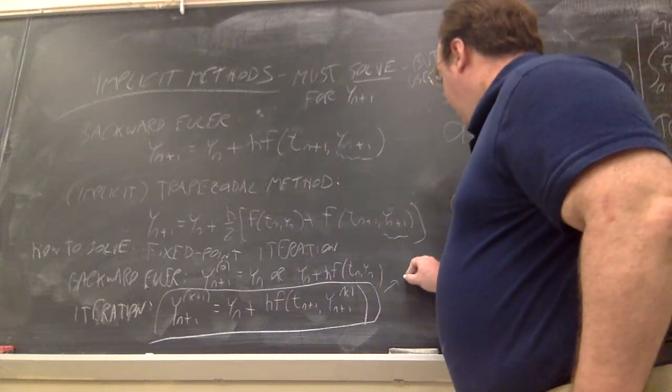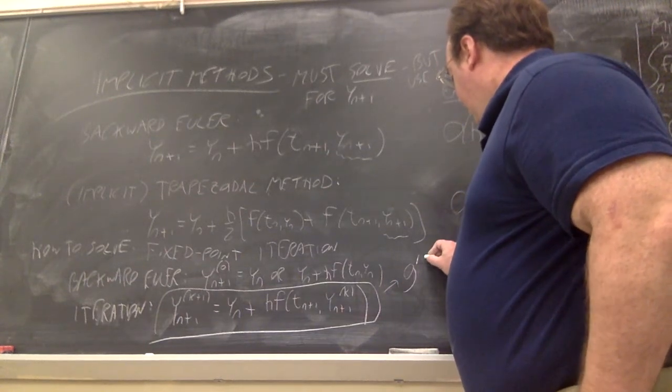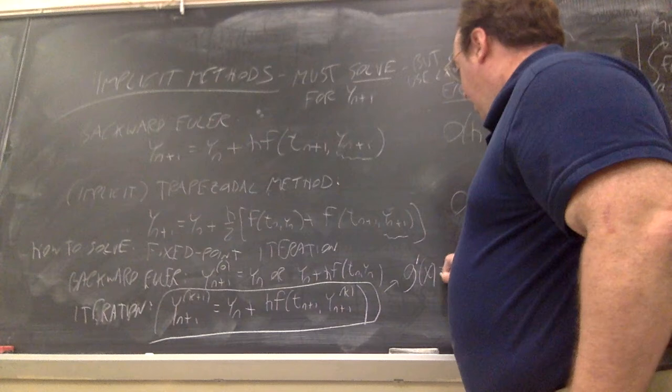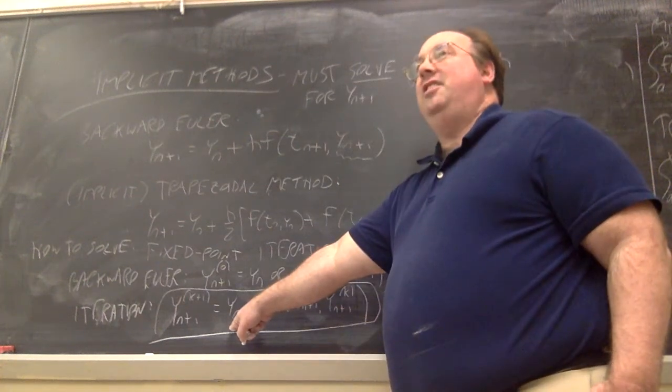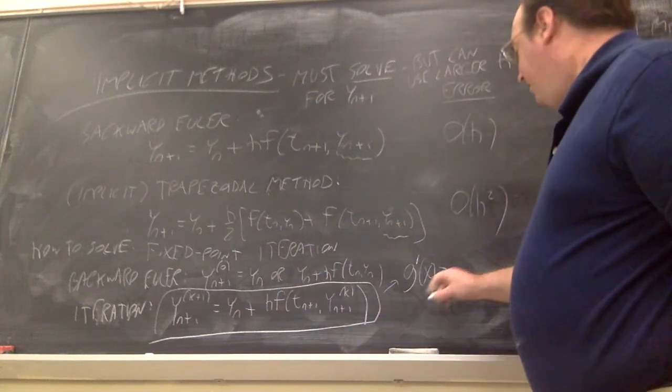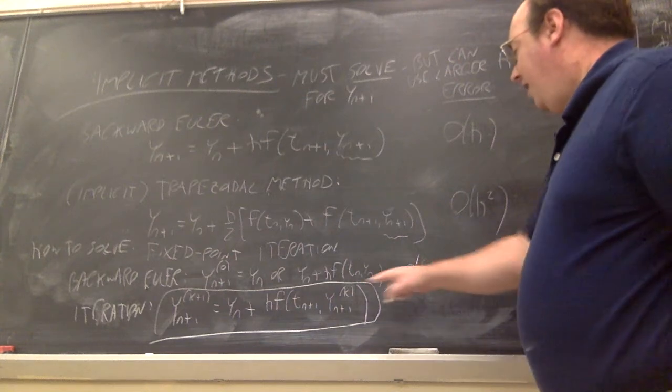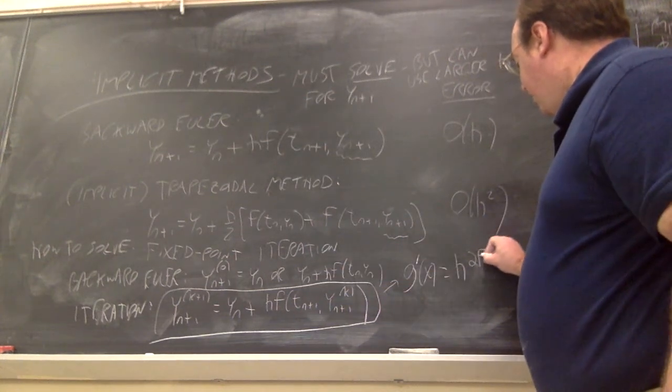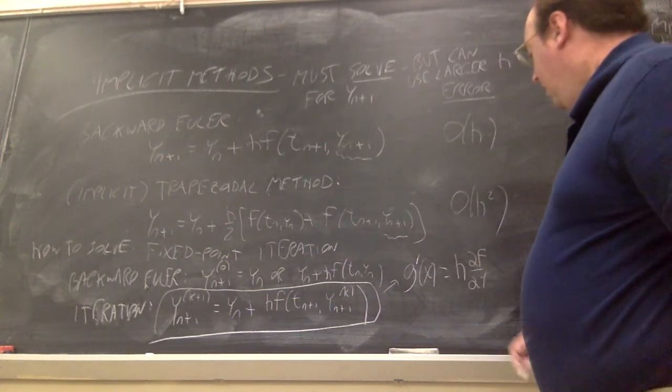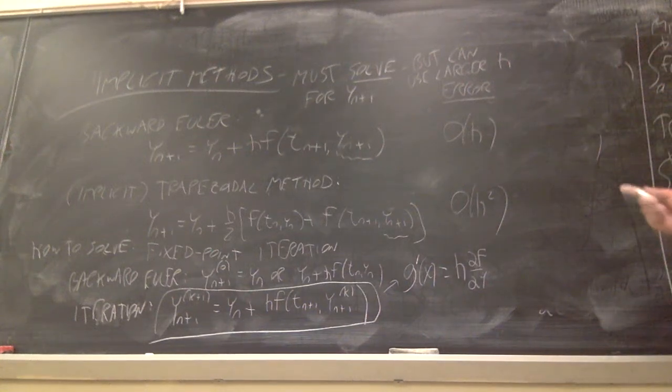Well, in this case, g prime of x is equal to, well, yn is a constant, so forget that, so you have h times the partial of f with respect to y. Well, you know what f is, so you can get an idea of what its partial with respect to y is.